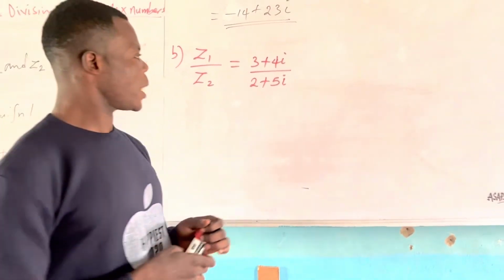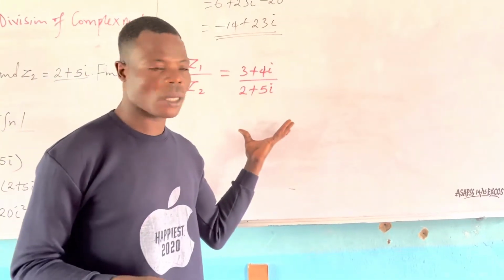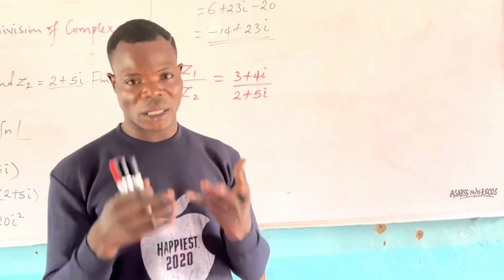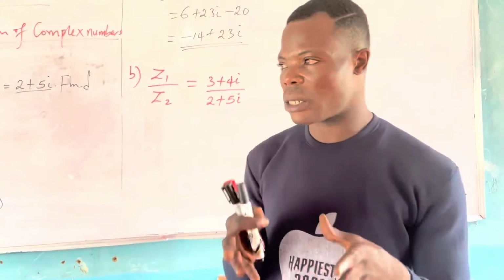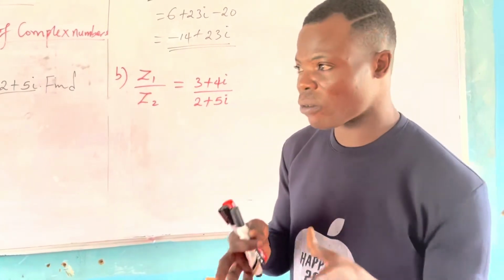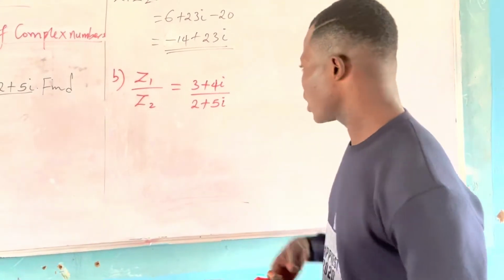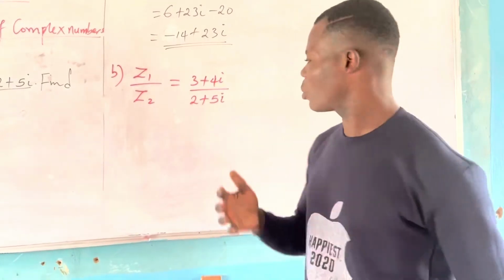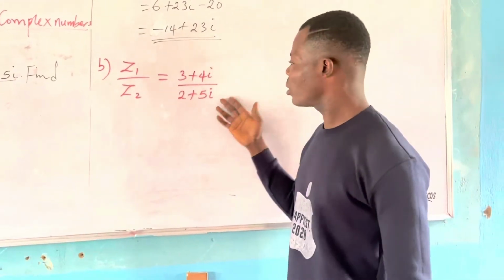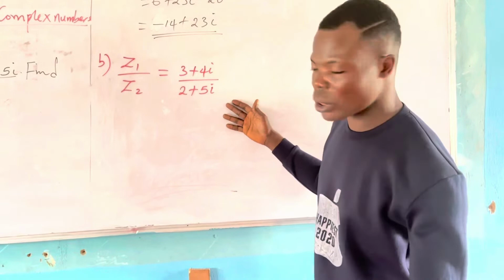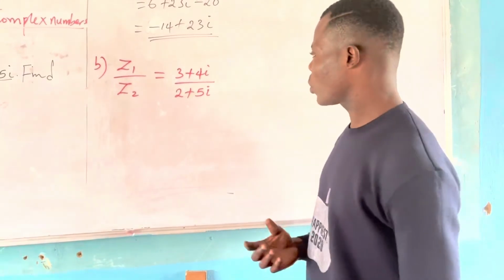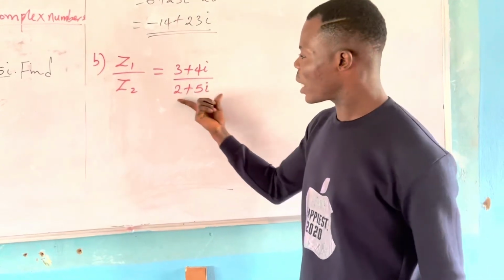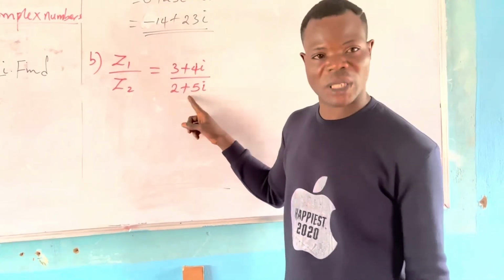So in operating a division, what we need to do is apply the law of surds. If we are dividing surds, we can easily rationalize by the conjugate when we have two terms of that sort. So here we are going to rationalize by the conjugate of the denominator.